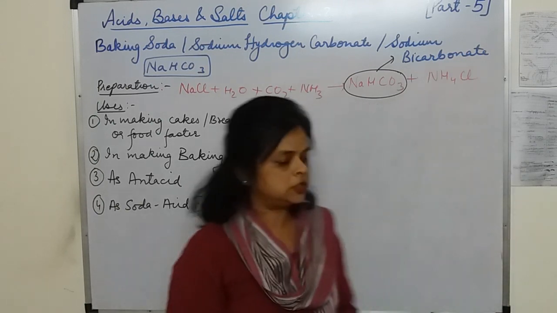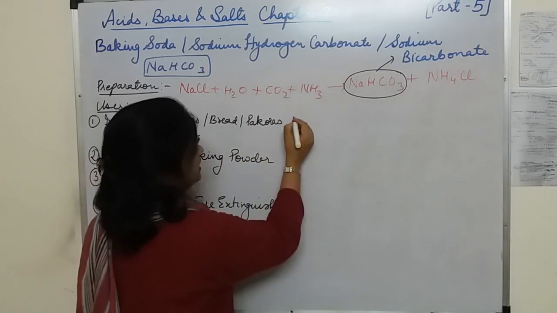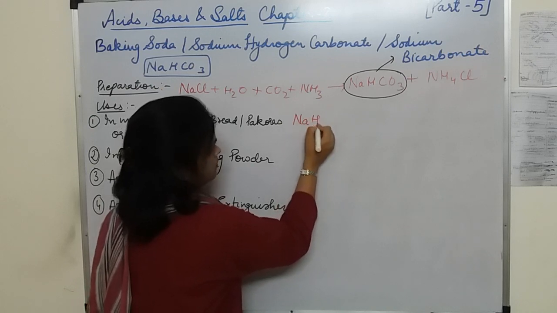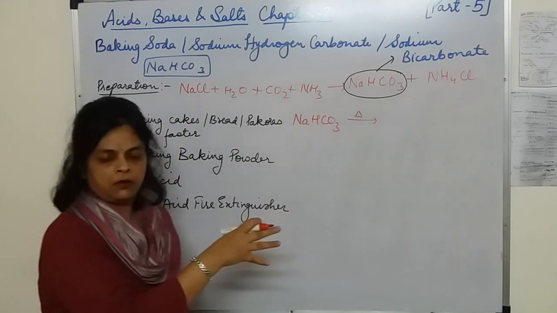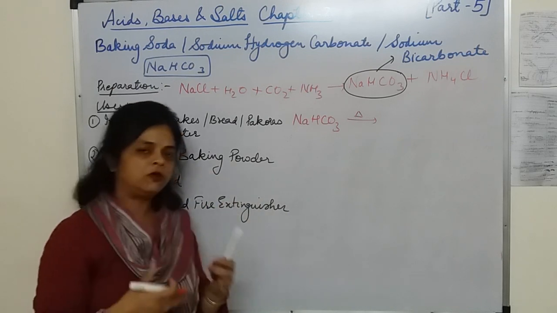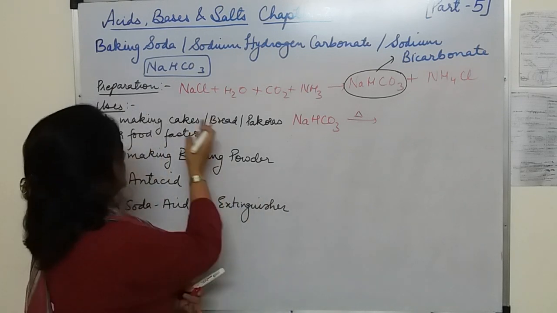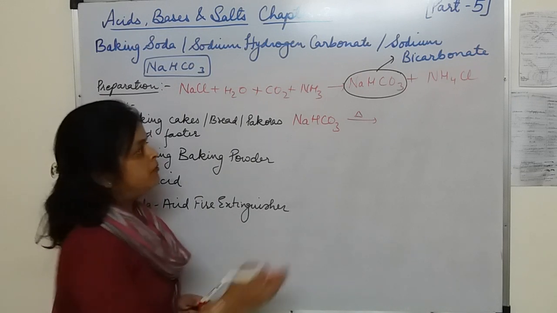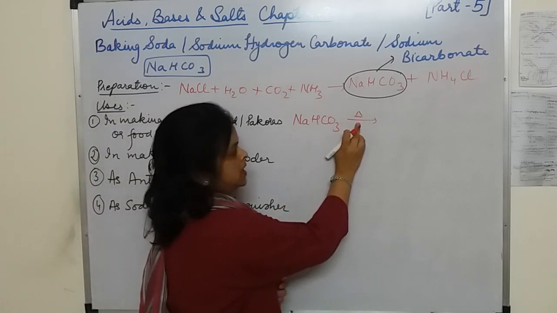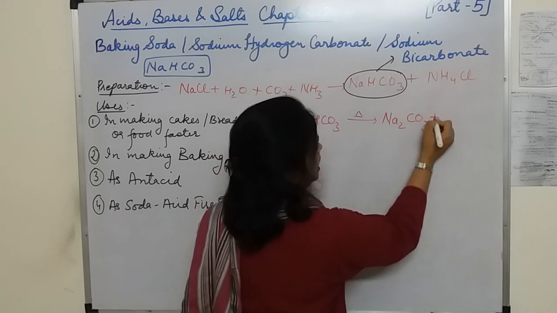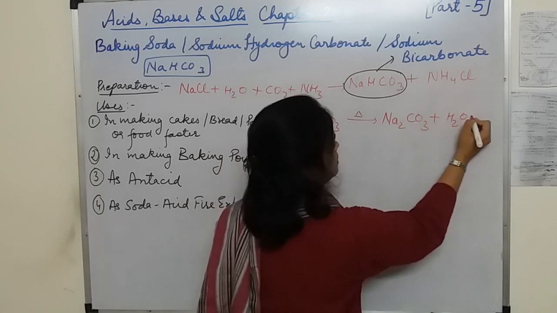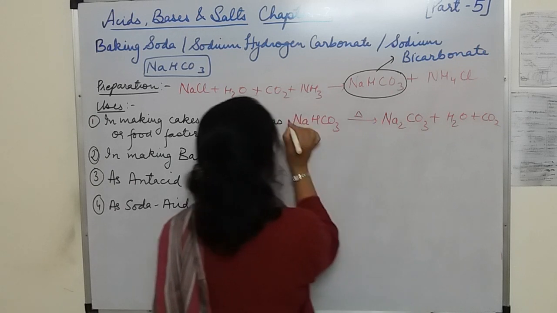Now let's see the reaction, students. This NaHCO3, when it is added in a pakora batter of that besan, or when it is added to the cakes or bread, on heating, it forms Na2CO3 along with H2O and CO2.